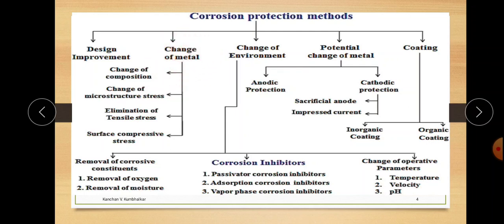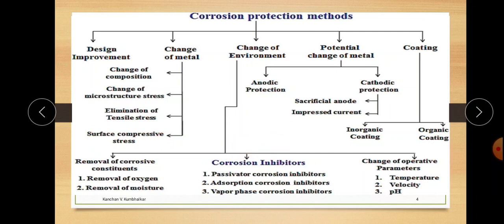By changing the quality and composition of metal, you can minimize the rate of corrosion, like change of composition, then change of microstructure stress, then elimination of tensile stress, and then surface compression stress.